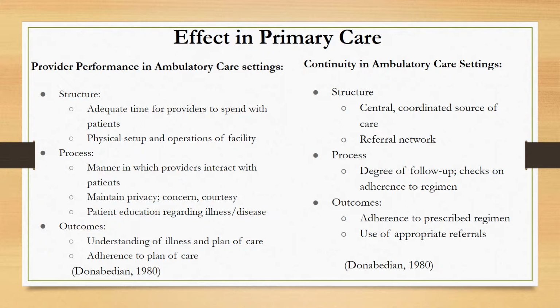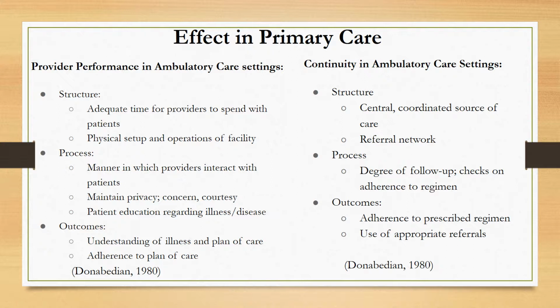Under the process measures, this would include the manner in which practitioners and other personnel deal with patients, concerns, courtesy, respect for the client's autonomy, as well as explanation, reassurance, support, patient education regarding illness and disease. Outcome measures would include understanding of the illness and disease process as well as the plan of care and the patient's adherence to the plan of care.